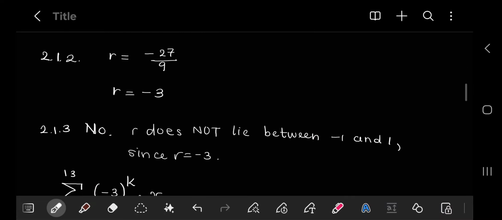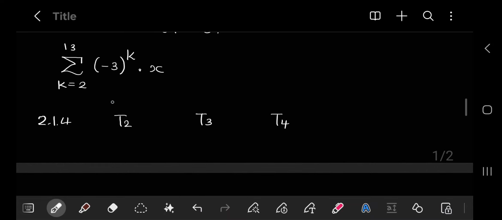But what is different now is that those terms are going to be multiplied by x, because the entire sigma notation is being multiplied by x, meaning that the first term is now going to be 9x, actually the second term, right? The third term is going to be negative 27x, and the fourth term is going to be 81x.